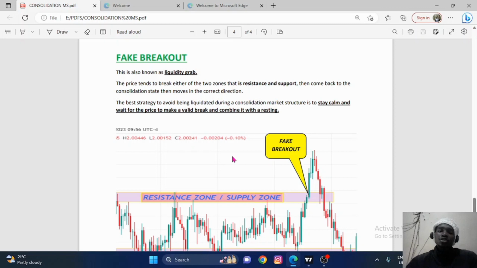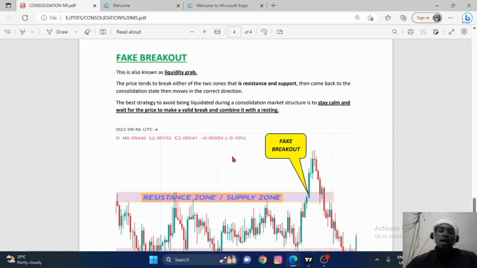The first is the breakout, which is most often the case. The second is that the market might stay in that consolidation state for long, which is impossible. I have never seen a market with consolidation full time since I started trading.